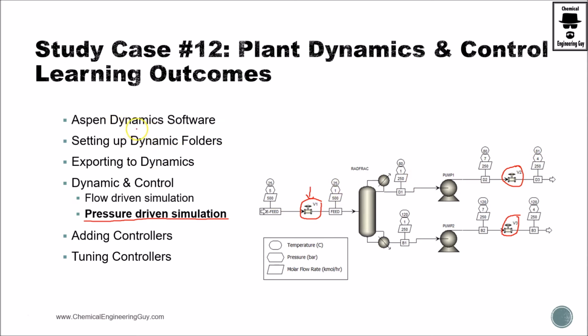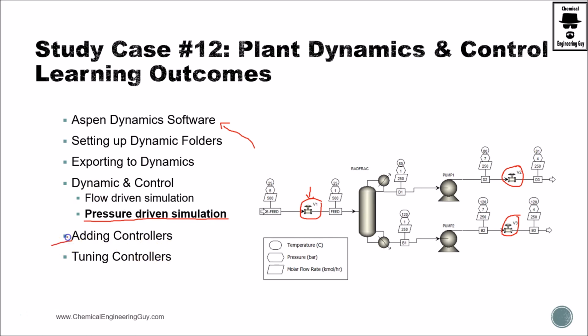We are going to export to an Aspen Dynamics file, using Aspen Dynamics software, which technically is another software, but it's considered part of Aspen Plus. So if you have Aspen Plus, it's okay, you should have that. We're going to learn how to fill up the dynamic folders and then start our simulation.